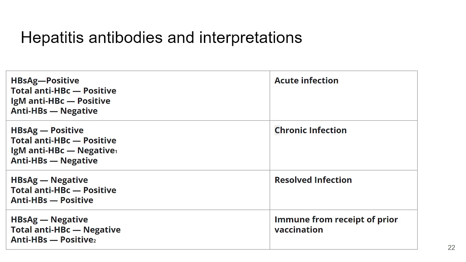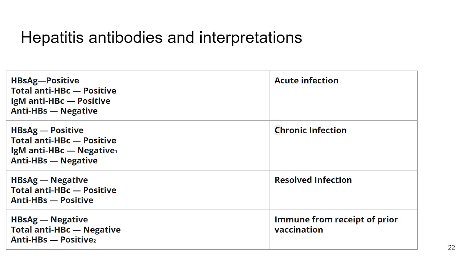Now, when these 4 parameters are studied, if the first 3 parameters are positive, then it's definite evidence of acute infection. When the patient has an acute virulent infection, the first 3 parameters are positive. Suppose the patient has HBsAg positive and anti-HBc also positive, but immunoglobulin anti-HBc and anti-HBs are negative, antibodies are not formed, that suggests you have a chronic infection.